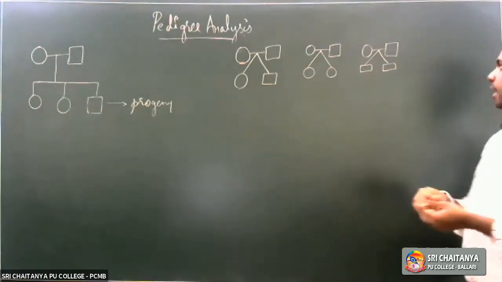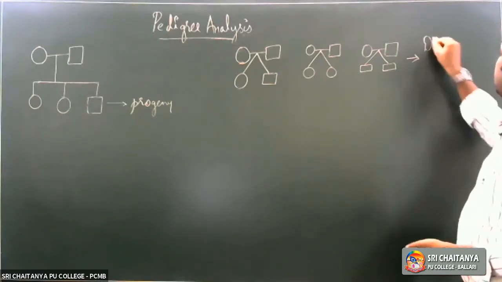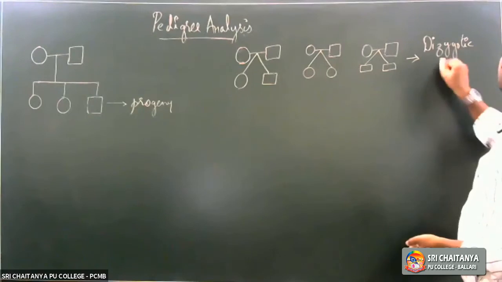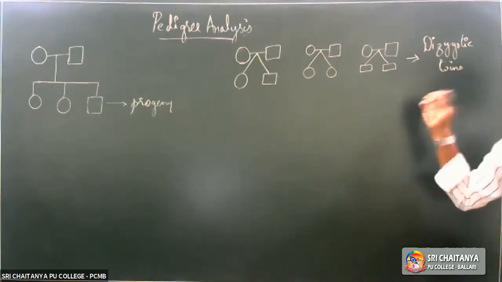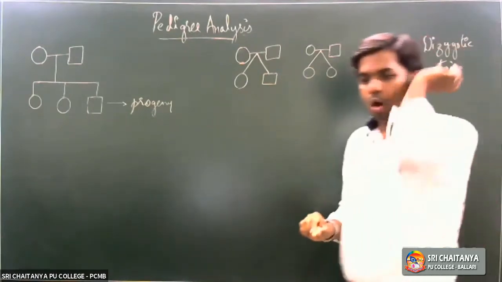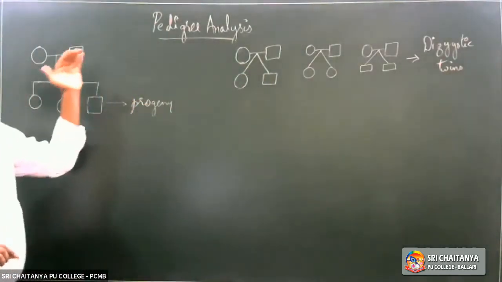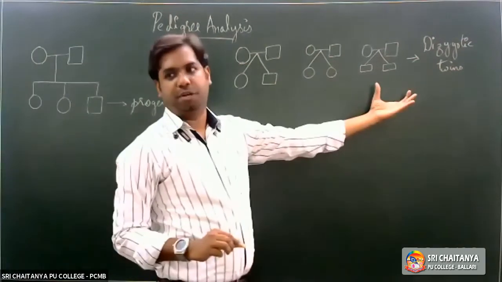If this is the condition, we indicate it as dizygotic twins, or non-identical twins. This is how we usually demonstrate it.